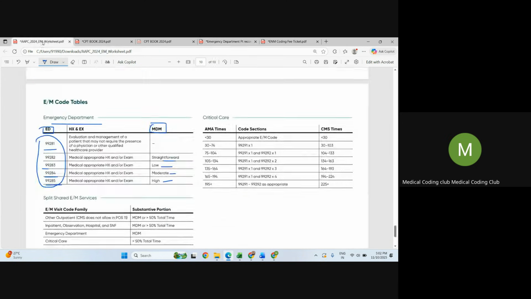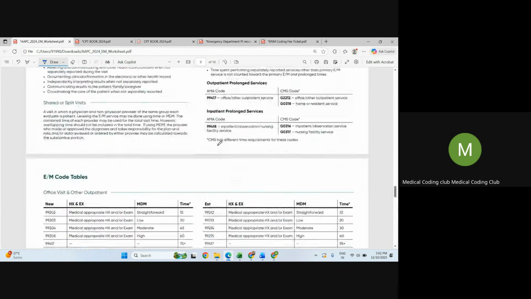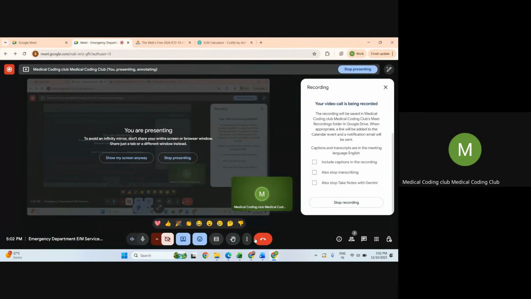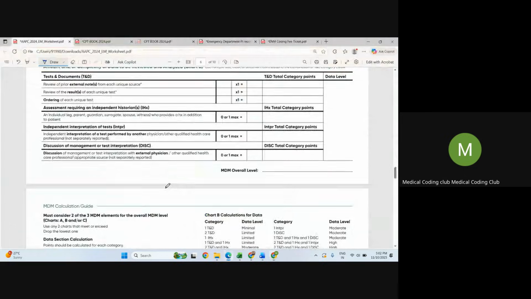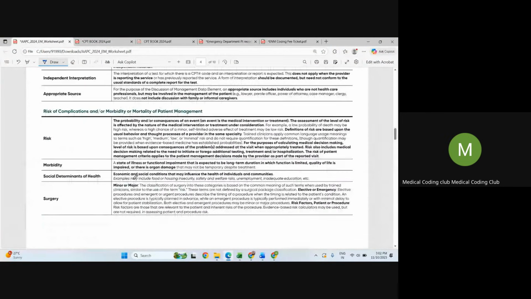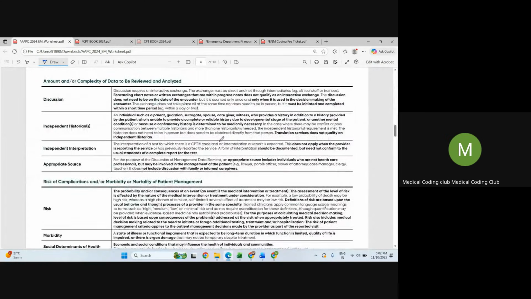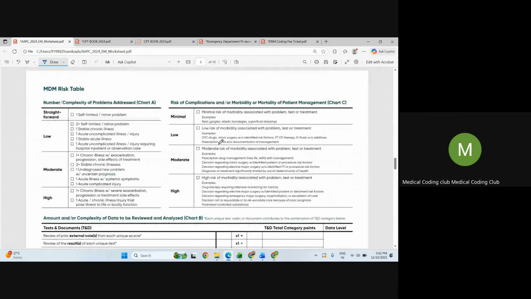So coming back to our medical decision making, how are we going to do it? Everyone is already aware of how to calculate the MDM level. For MDM, we have three components. Component one, chart A, number and complexity of problems addressed.